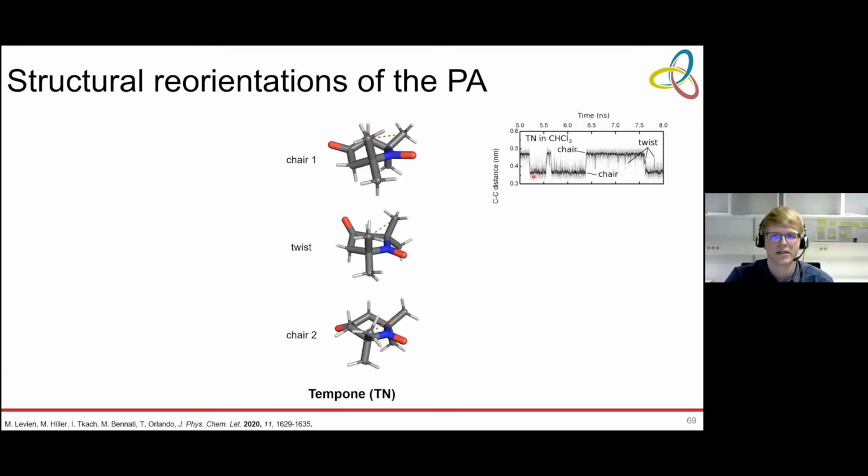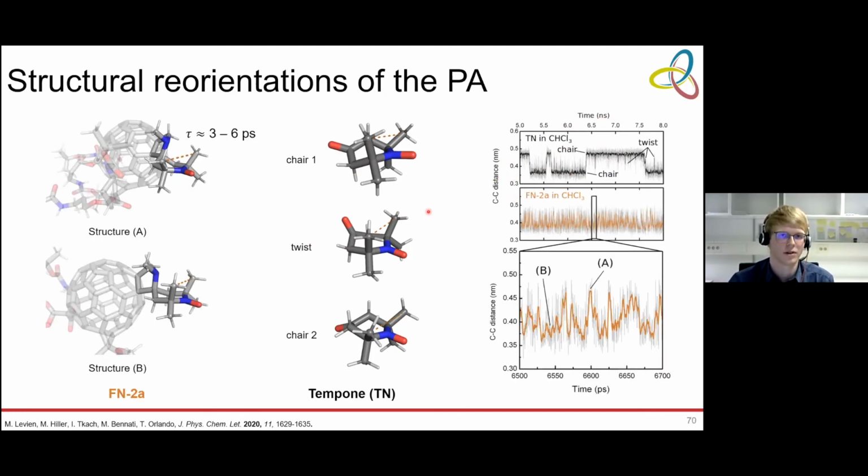You can see relatively clearly that we have two stable chair conformations which interchange via a twist conformation, and this is nicely resembled by the CC distance description. If we now compare this to fullerene nitroxide, we take the same descriptor, and here on the right you see the trace with the zoom.